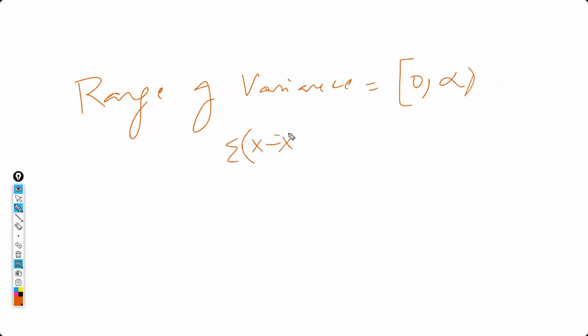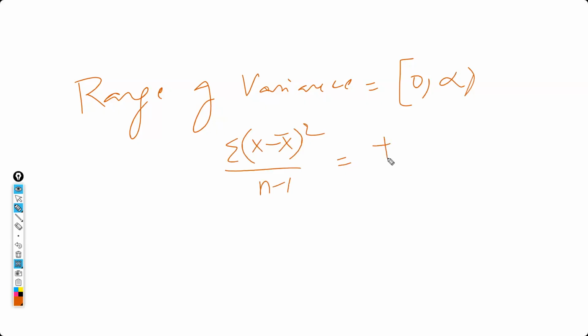So what is the range? What is the range of variance? The range of variance is from 0 to infinity. Positive numbers, any number can be there, 0 to infinity. Why? What is the reason? Sigma of X minus X bar whole square divided by n minus 1.